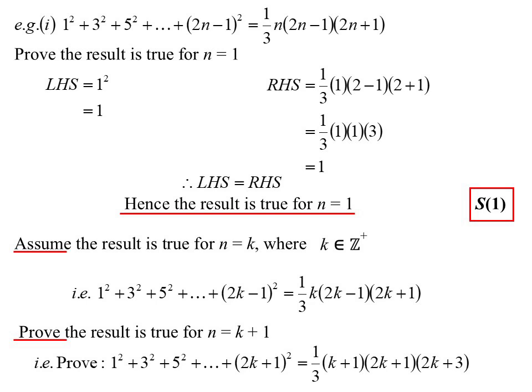Basically, it's the next term, so 2k plus 1 squared. The right-hand side becomes a third k plus 1, 2k plus 1, 2k plus 3. Right? Let's do our proof. Okay, when you write down that left-hand side, you may not necessarily write that first line, you might go straight to the second line, but the second line is really important because it's highlighting something.